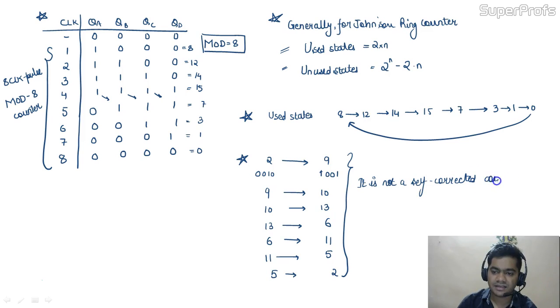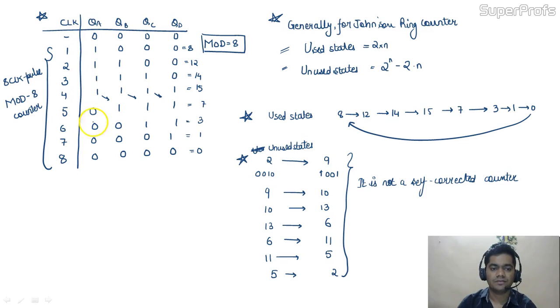What it means is that if any error or any unused state comes in this Johnson's ring counter, then it would continuously remain in the unused states. It will never come to the used states. Okay, so these are unused states.